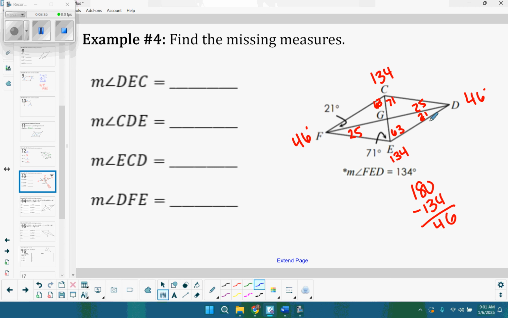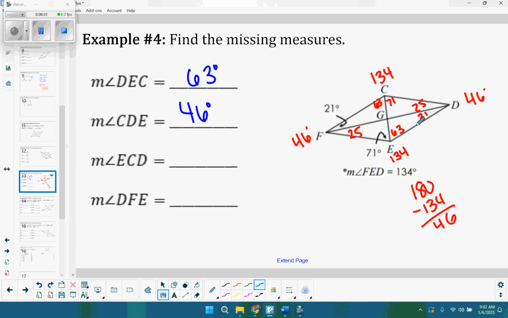D, E, C. If I traced D, E, C, that's just pointing to this corner with 63. So 63 degrees. For C, D, E. So C, D, E is talking about the whole angle over here, which was 46 degrees.